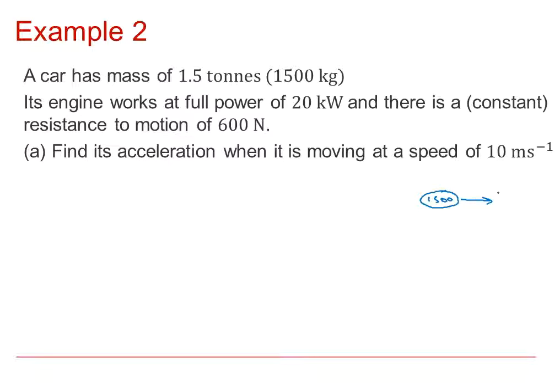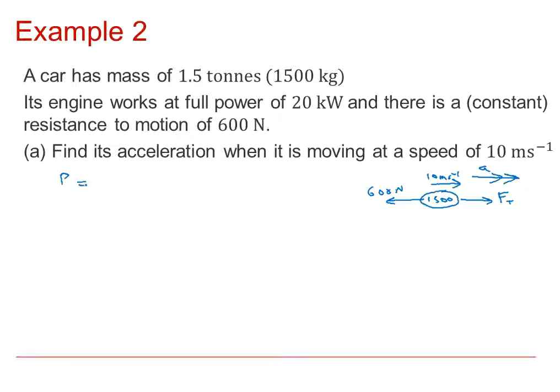There's a tractive force, which I'll call Ft, which we are looking for. There's a resistance to motion of 600 newtons. Its instantaneous speed at this moment is 10 meters per second, and we are looking for the instantaneous acceleration at this moment.